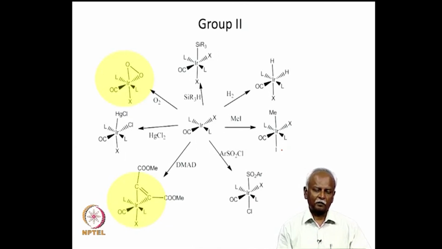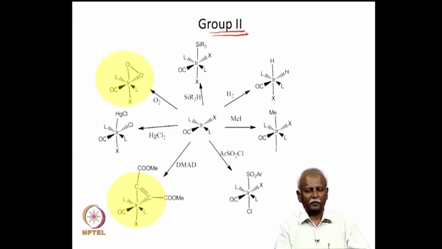This change requires that the 2 atoms added on to the iridium are cis to one another. So in group 2 oxidative additions you end up with cis additions, and we have 2 examples here marked in yellow.